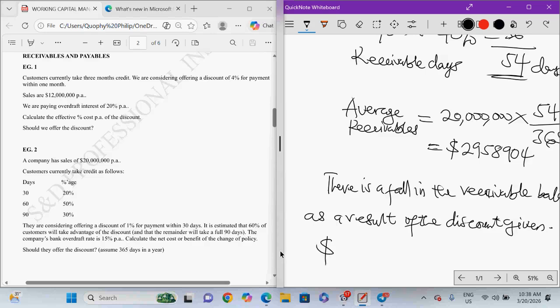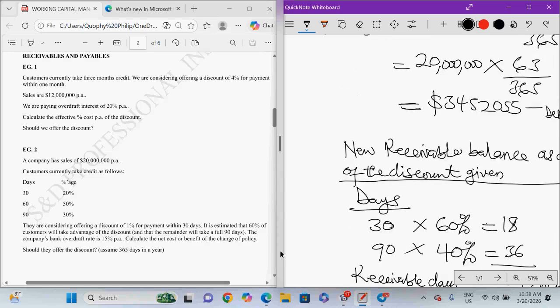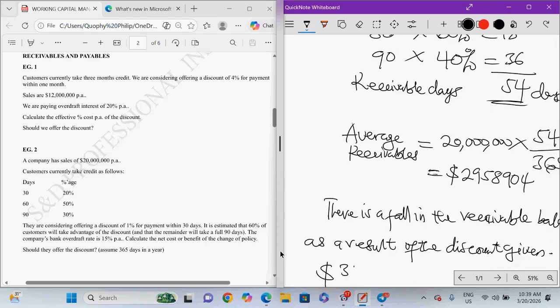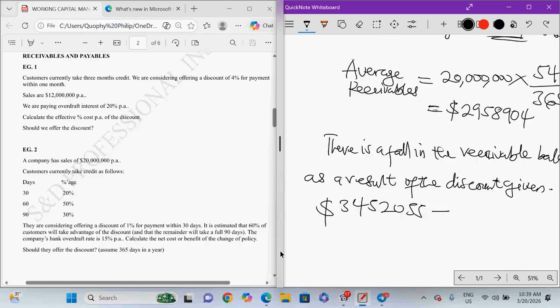So what is the difference? We are having 3,452,055 minus 2,958,904.